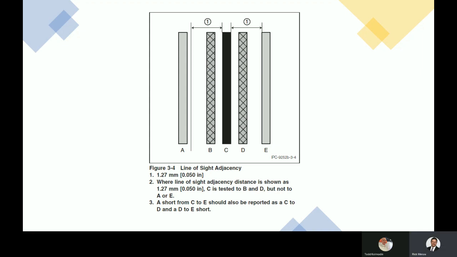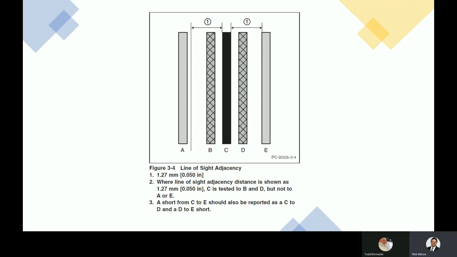Now, if the traces are closer together and you actually have 3 traces in that window size of A, B, and C, you're going to get that additional test that I mentioned. But because you can't see the trace, horizontally in this case, A to B would be tested, but not A to C. B to C would be tested, but not C to A. Because we want to keep it straight.